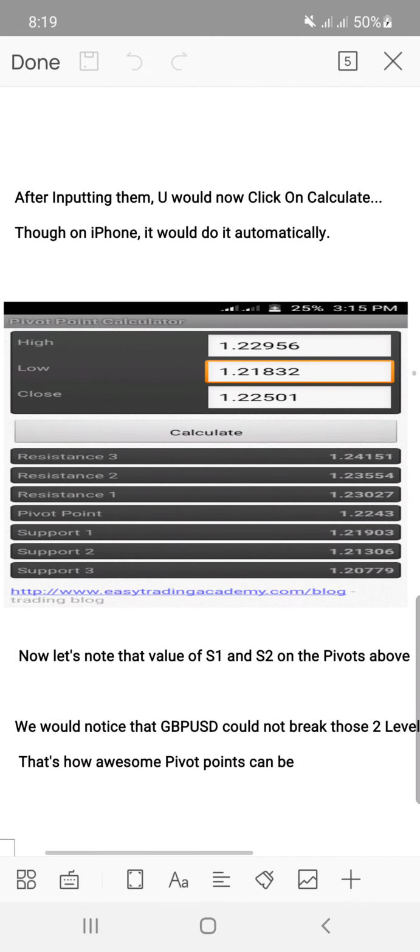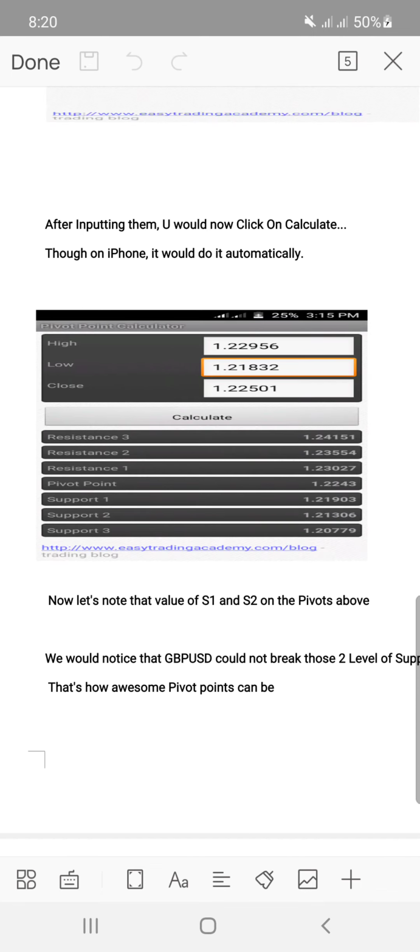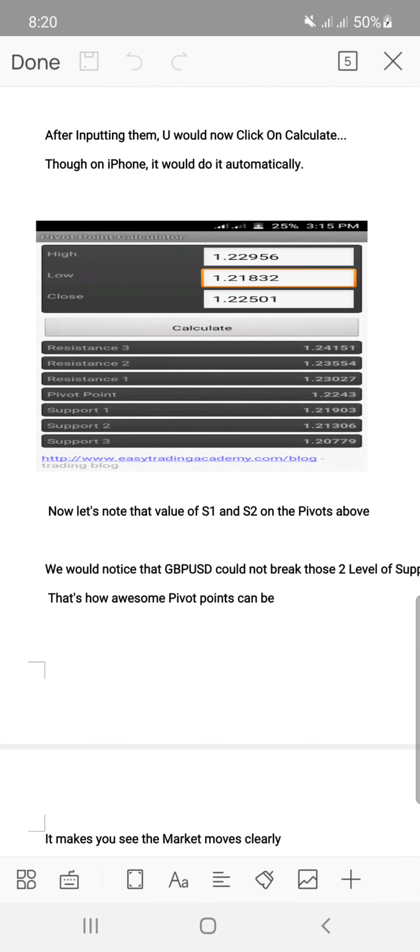Now you notice that we have three different resistances, 1, 2 and 3. Then we have the pivot point and supports 1, 2 and 3. Now that I've gotten all these points, what you need to do is take note of them, then go to the chart, let's say the 30 minutes or 1 hour time frame, and use your horizontal line to mark out those points.